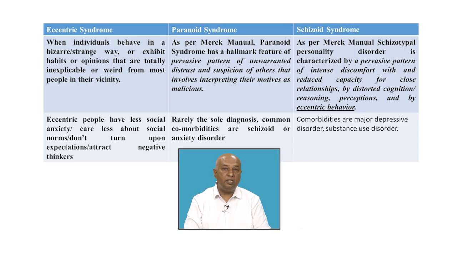And when the cognition or the perception or the reception is distorted, we get schizotypical disorders. The core comorbidities are major depressive episodes or substance use disorders, like abuse of narcotic substances which have a direct effect on your brains.